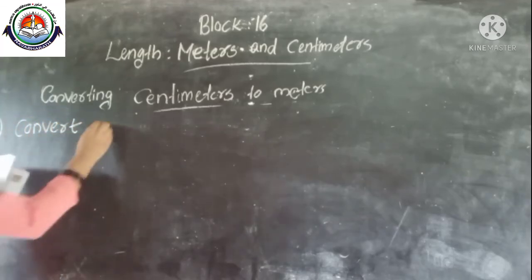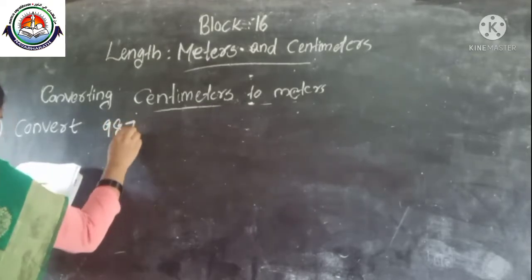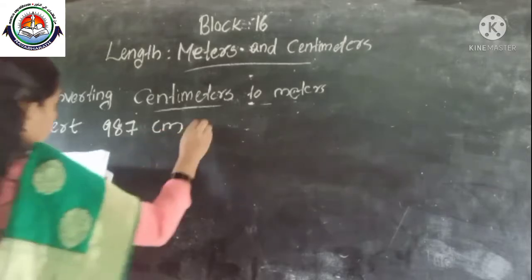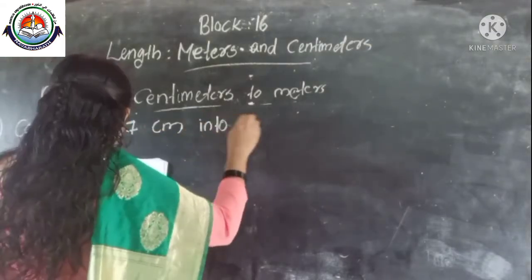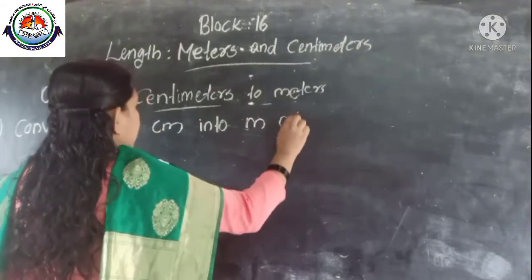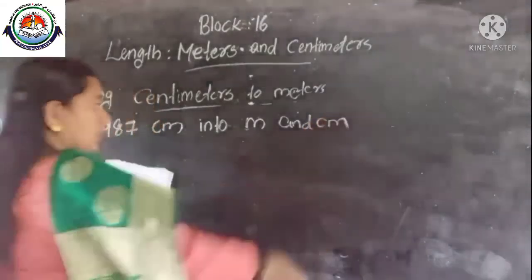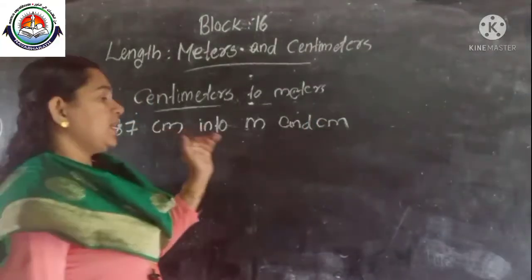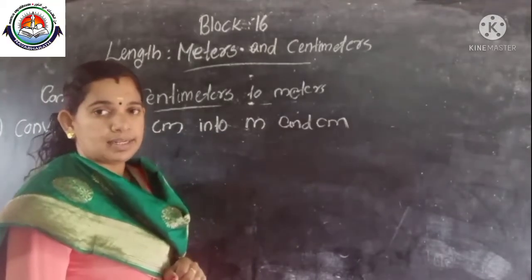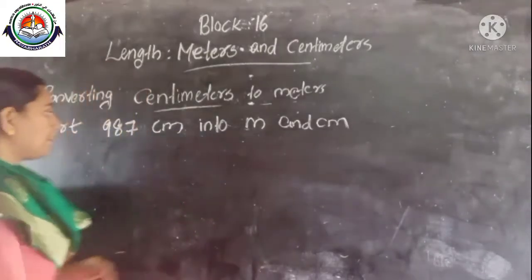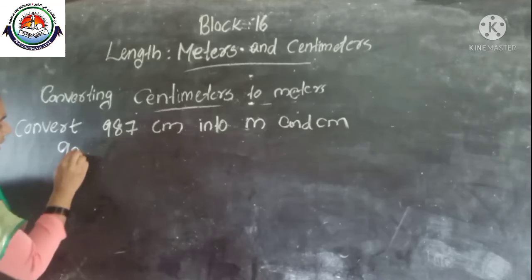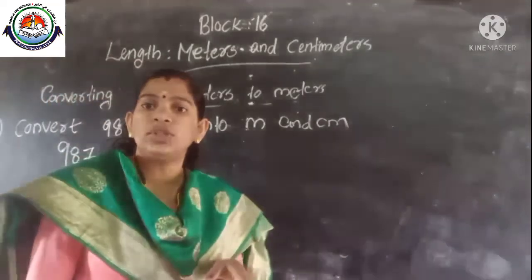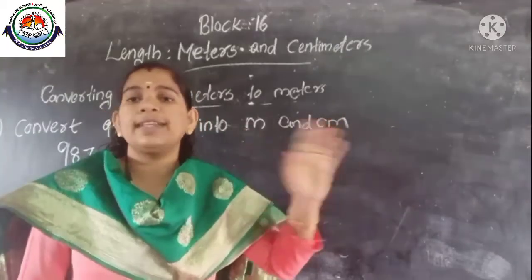Next, third question. Convert 987 centimeter into meter and centimeter. In the previous question I told you, just remove 2 zeros and you get the meter.